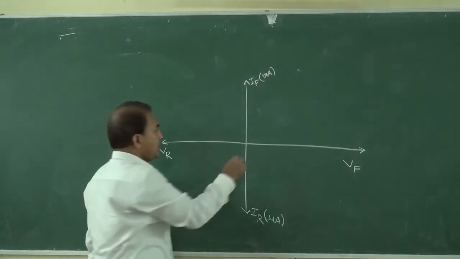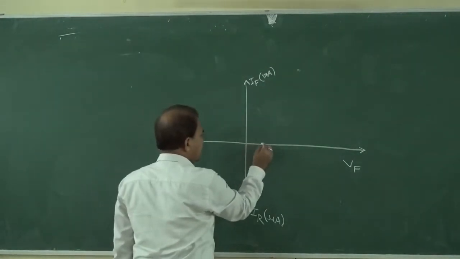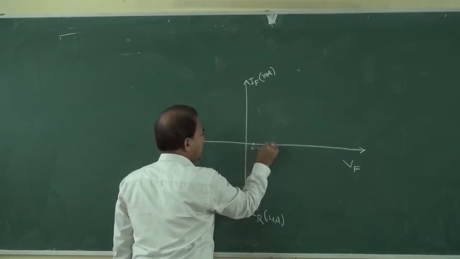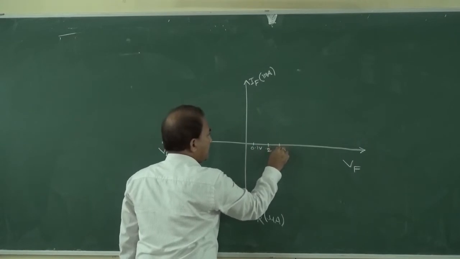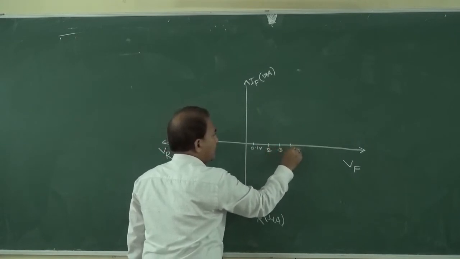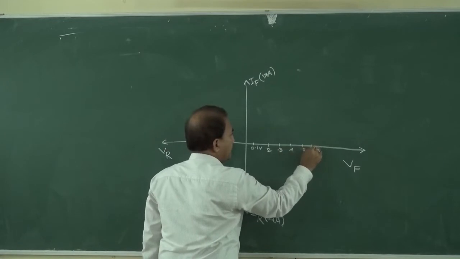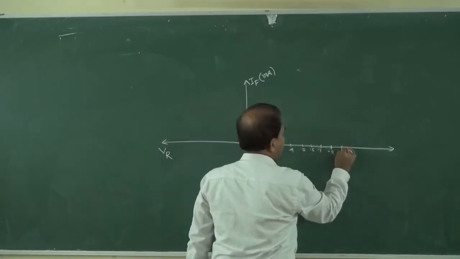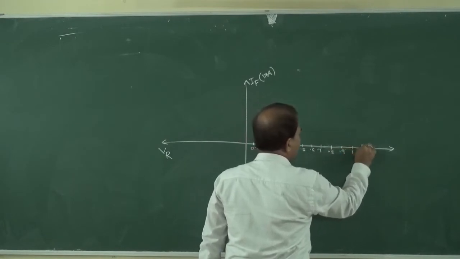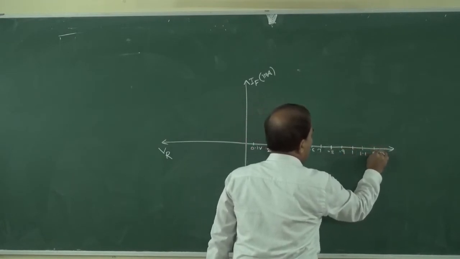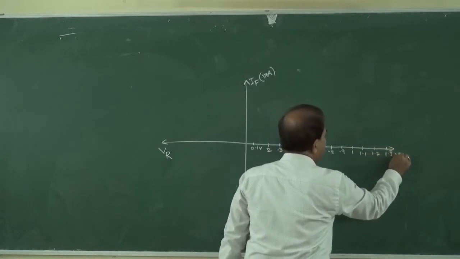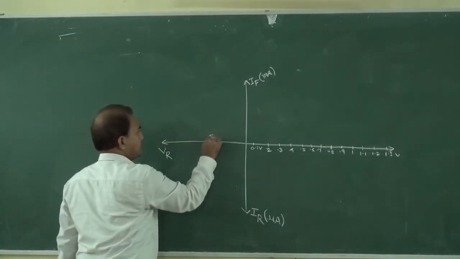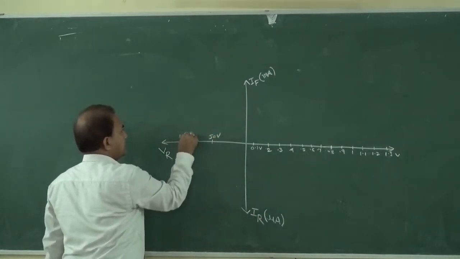Now see, this is 0.1 volt, 0.2, 0.3, 0.4, 0.5, 0.6, 0.7, 0.8, 0.9, 1, 1.1, 1.2, say 1.3 volt, and say this is 50 volt, and this is 100 volt.